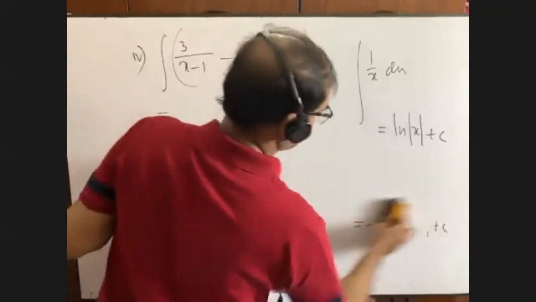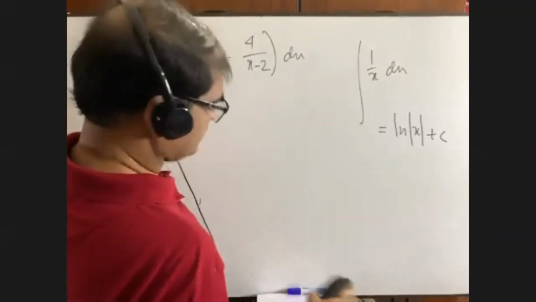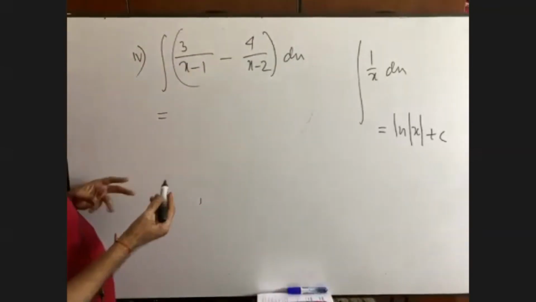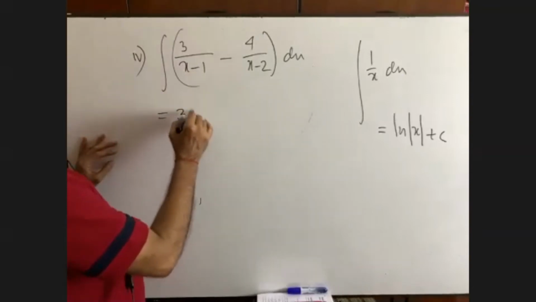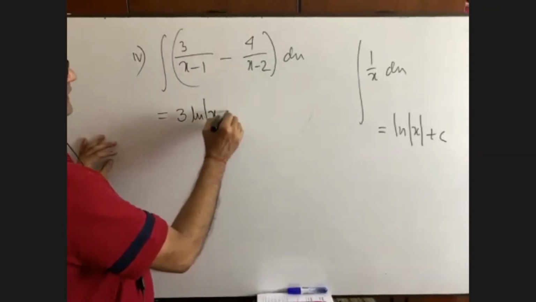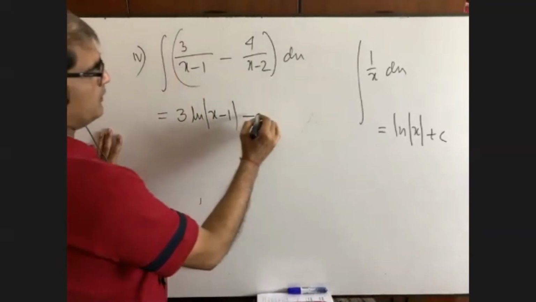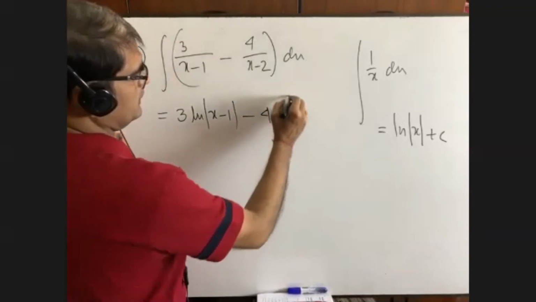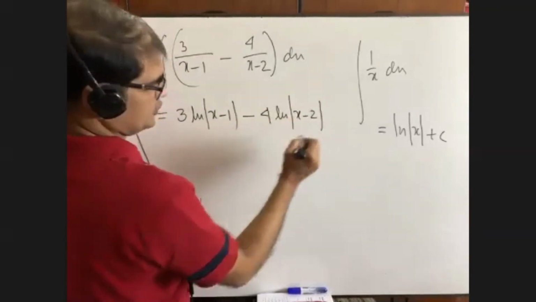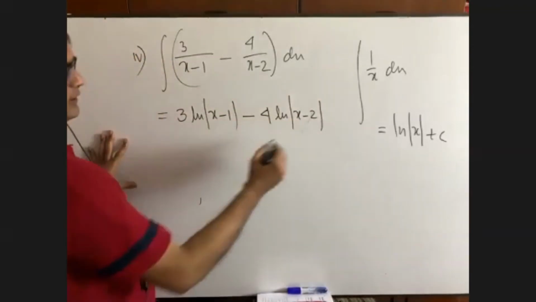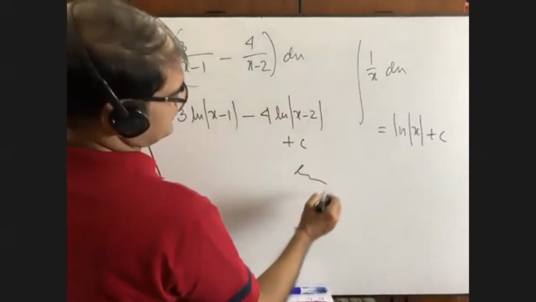Actually, we don't have any function on this 3 in the numerator. The coefficient will be kept as it is: 3 ln x minus 1, and the coefficient of x is 1. No need to write down 1. Minus 4 ln x minus 2, and the coefficient of x is 1. No need to write that down. Plus c, which is the answer.